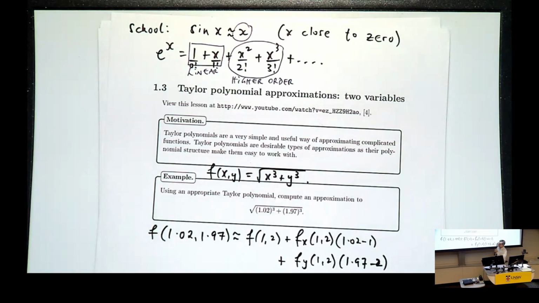Okay? So what we've got here basically is we've used a tangent plane on the right-hand side instead of that crazy function, and we've subbed in the values. So all we need to do is compute the partial derivatives and evaluate them at 1, 2. Now, I'm sure you'll agree, x equals 1, y equals 2 is much easier to deal with than, say, 1.02 or 1.97.